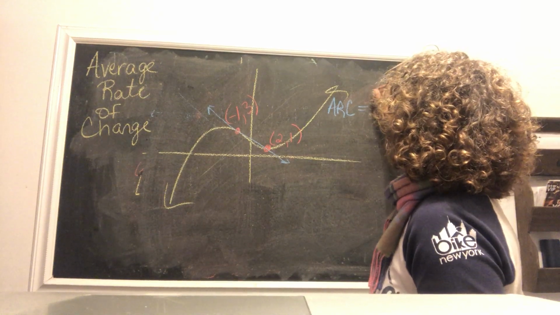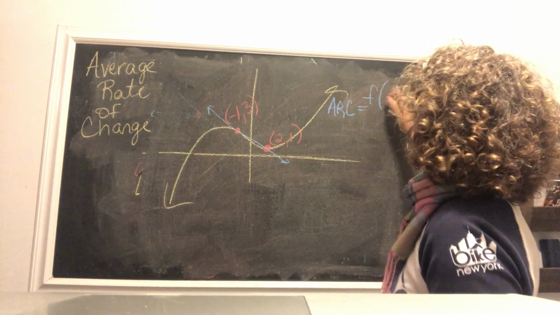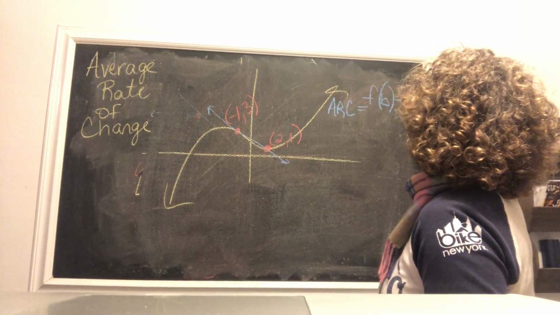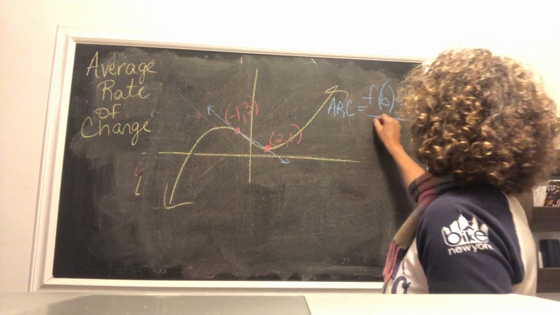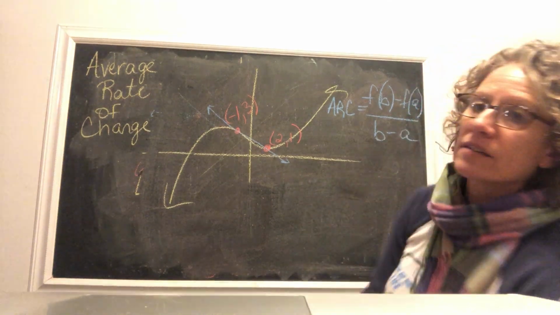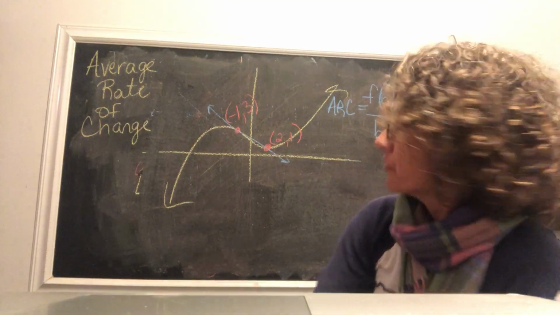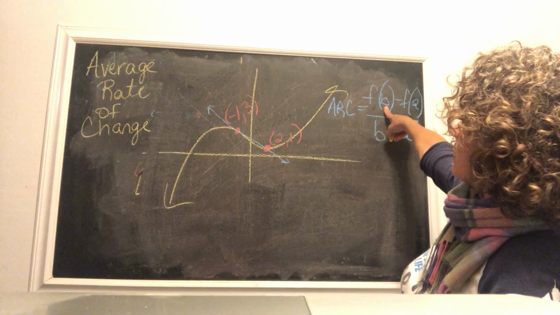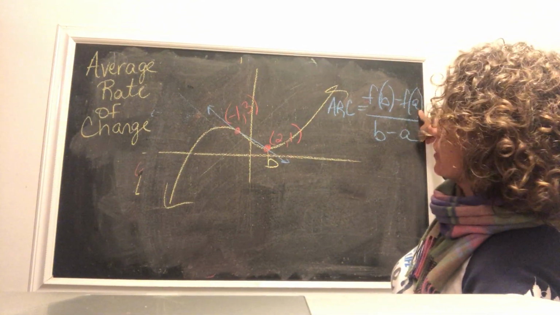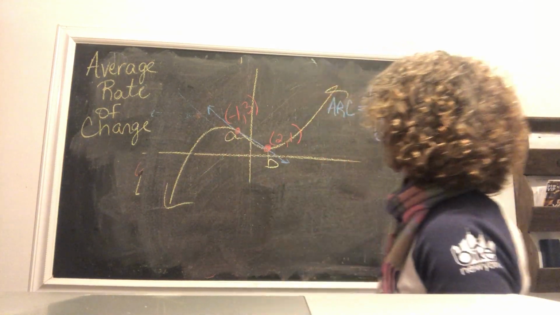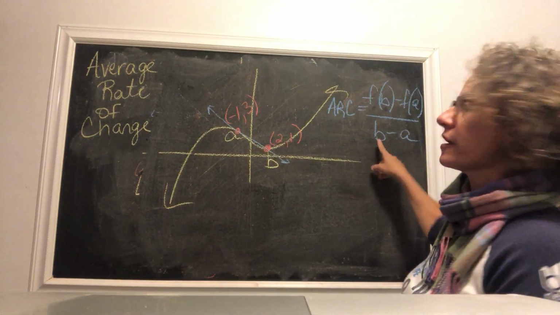It equals the function value at one point minus the function value at the other point divided by the x's subtracted. Okay, so f(b), we're going to call this point b, minus f(a), I'll call this point a, and then divided by b minus a.